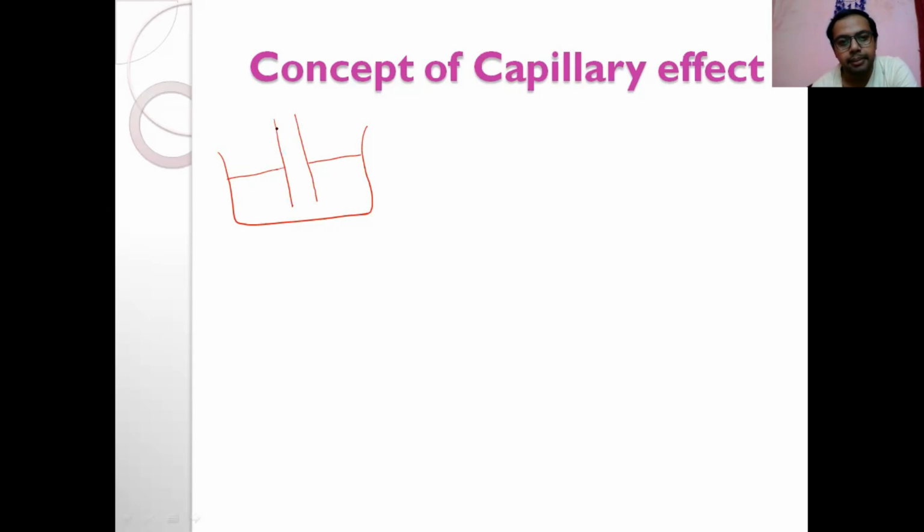There is some capillary rise, and the height of the rise is h. We have to find the relation here. What is the value of h? So here, how much rise is there?